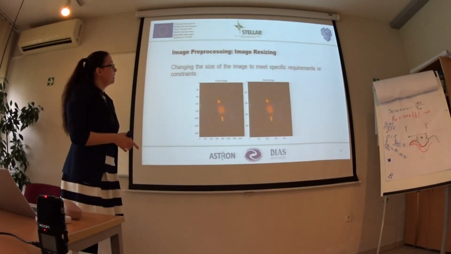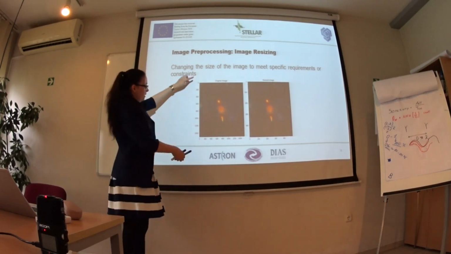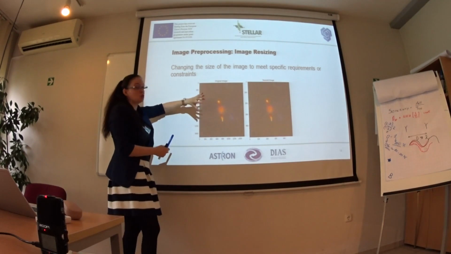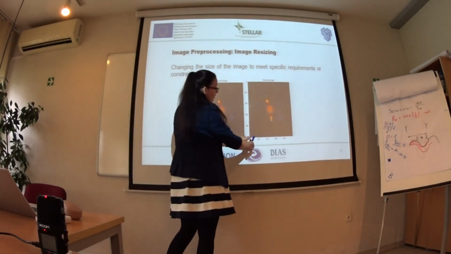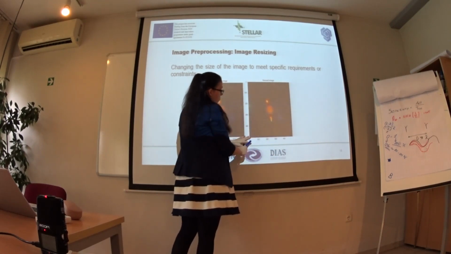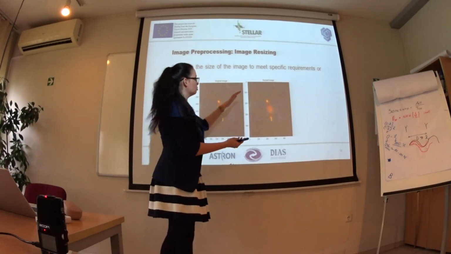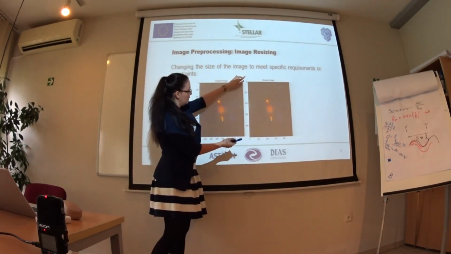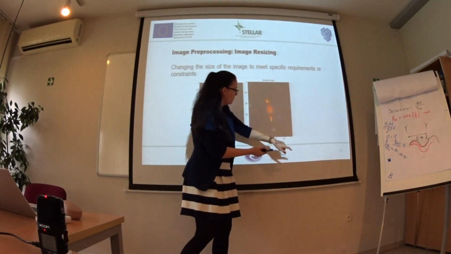Next, what I can do is some resizing. If my image is, for example, not a square, and I will need a square, I can resize it, giving some dimensions, for example 450.